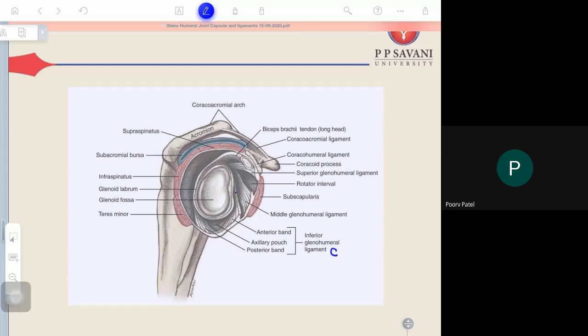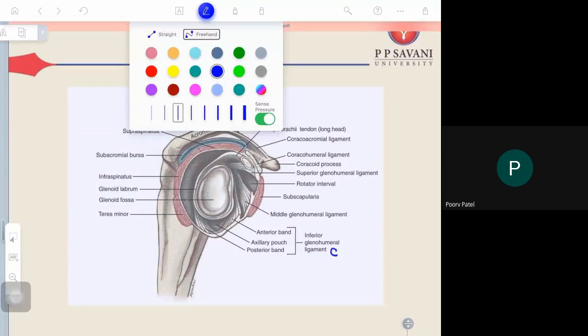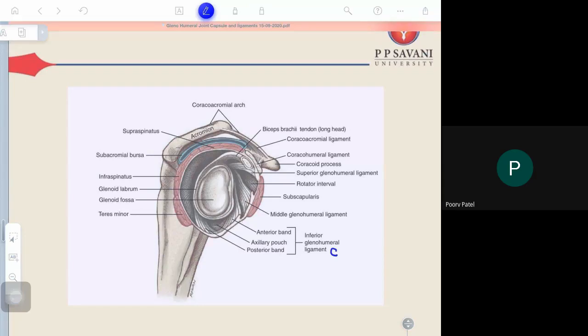So here is the anterior band, and here is the middle or inferior, which is called a pouch, and this is the posterior band. Together it is called the inferior glenohumeral ligament complex. What are the other two ligaments?